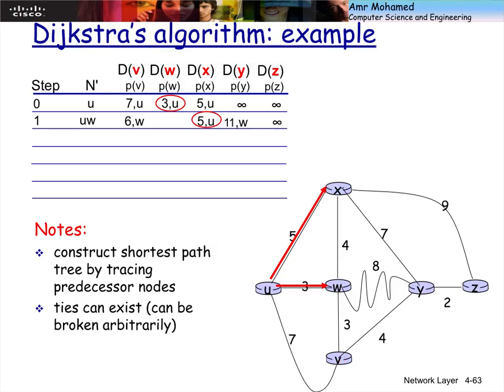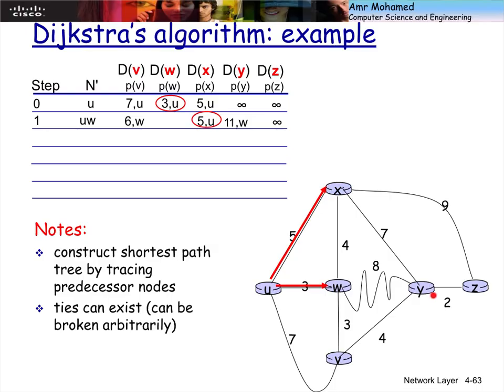So it's either 3 plus 3, which is 6, or UV directly, which is 7. So if I select 6, what is the predecessor? W. Bravo. If I select this 7, what is the predecessor? It's U. So this is 6, this is 5.